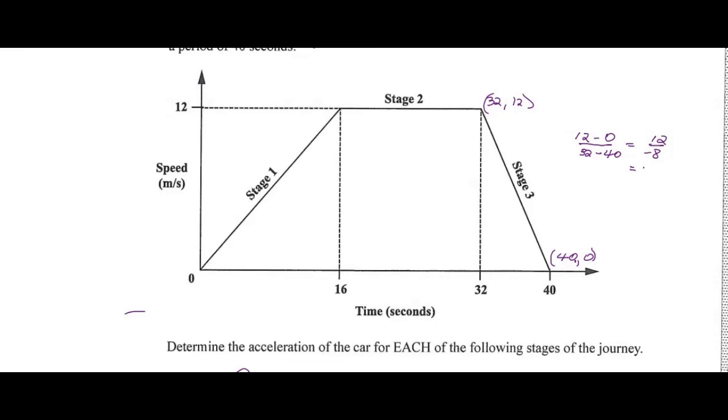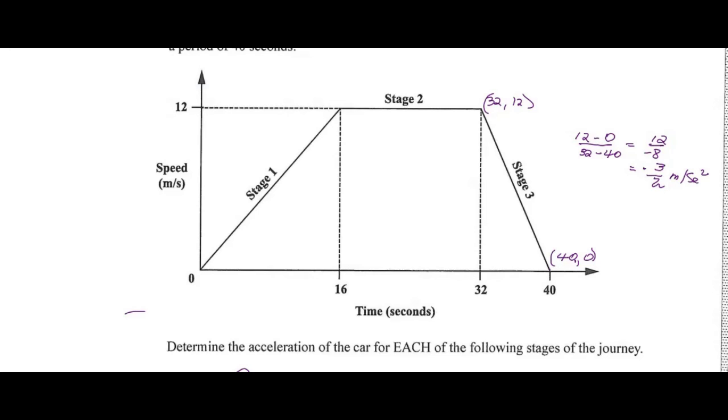It gives us negative 3 over 2. Okay? And that result is in meters per second squared.